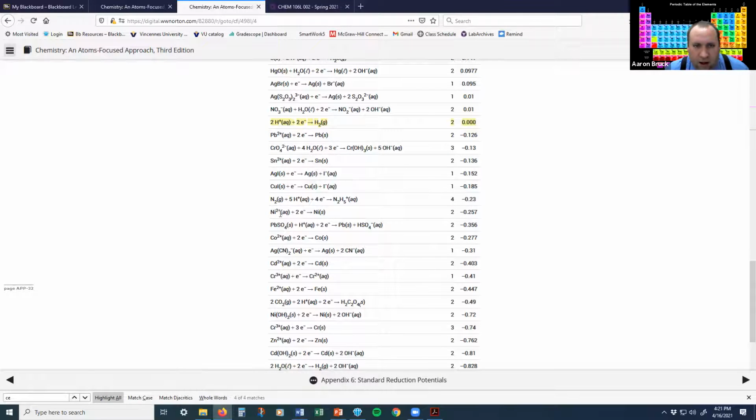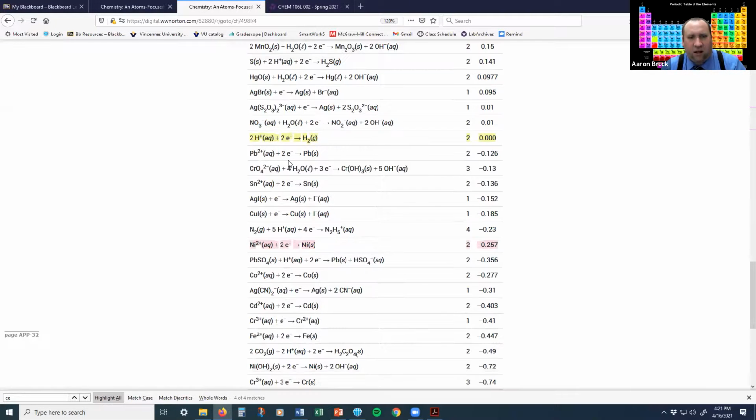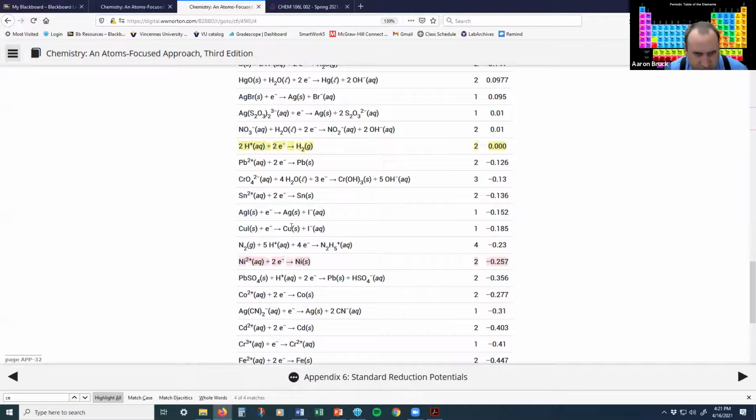I've got nickel here in pink, and hydrogen here in yellow. Which one of these two is more likely to grab those electrons? The hydrogen ion in the acid or the nickel 2 ion, which we don't have? Well, the answer here is the hydrogen ion.